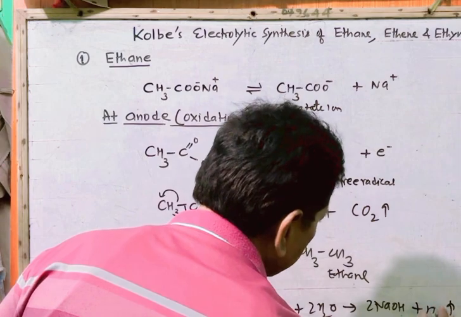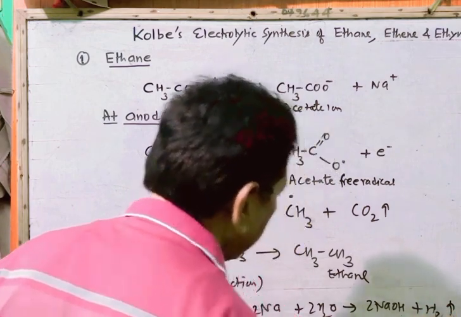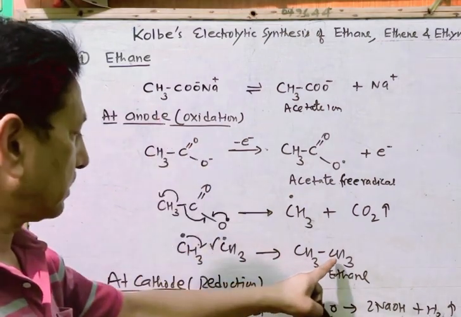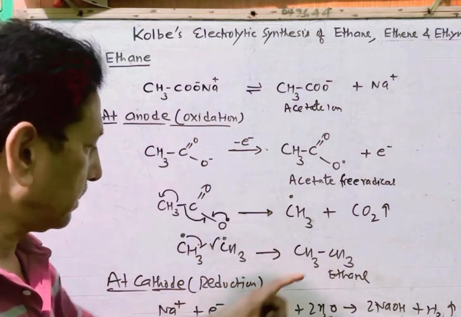So hydrogen gas is liberated at the cathode during the electrolytic synthesis, and at the anode terminal we synthesize this ethane.